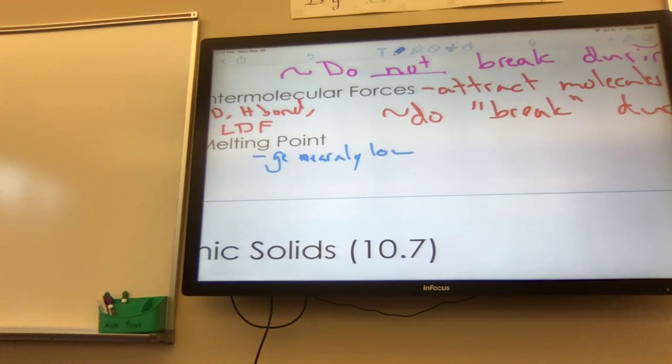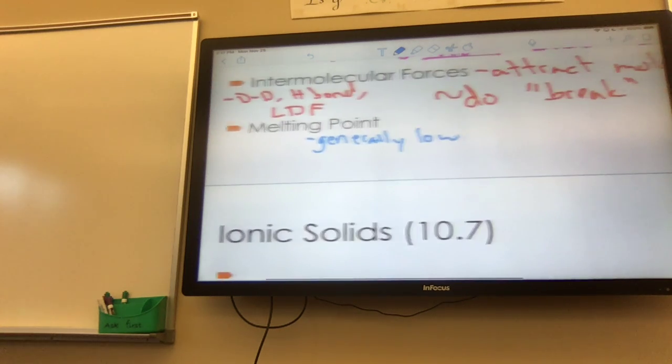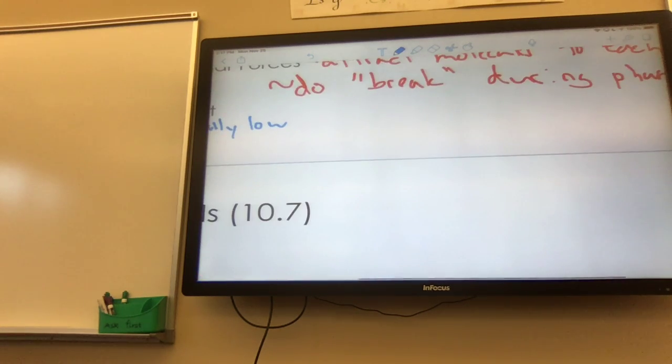What else? This should really say properties, not melting point. What are other properties you can use to identify them? Dissolve. They may or may not, depending on what the solvent is, but they don't conduct electricity.